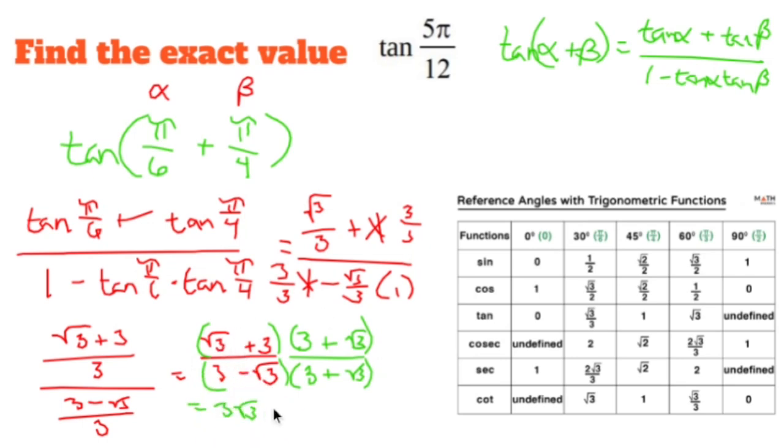Root 3 times root 3 is 3. 3 times 3 is 9. And 3 times root 3 is 3 root 3. The bottom is 3 times 3, which is 9, and 3 root 3 minus 3 root 3 disappears, and then minus root 3 times root 3, which is 3.